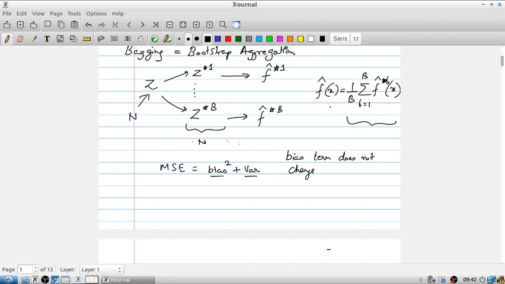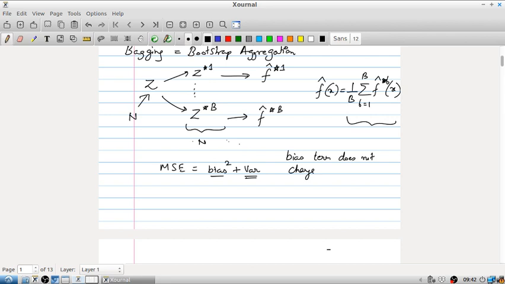The bias of f hat is going to be the same as the bias of the model you would get if you had built one model using just Z. But what could potentially get affected is the variance of the model. It could decrease because you're doing some averaging.